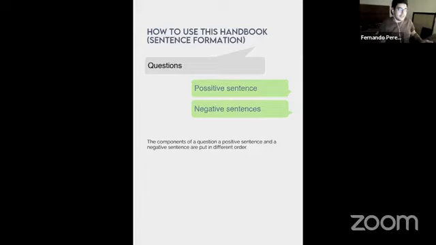So when you speak, you need to use the correct position of words. This is something that not a lot of people consider. Okay, when you speak, you need to understand if you are saying or writing a question, a positive sentence, or a negative sentence.